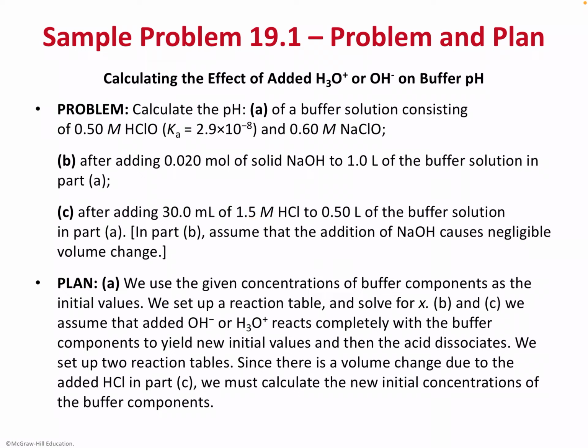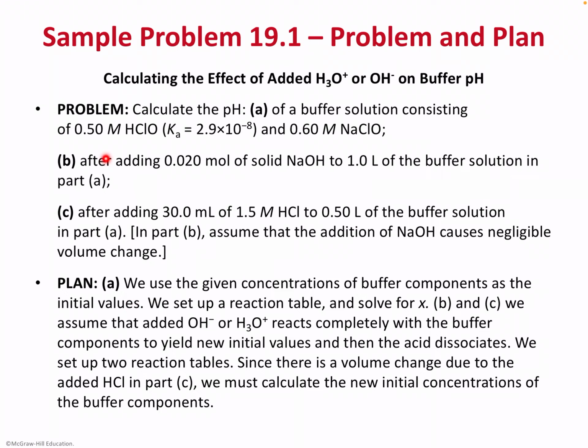Just like we've been doing earlier, since it's a weak acid, we will have to make an ICE table. We use the given concentrations of buffer components as the initial values.